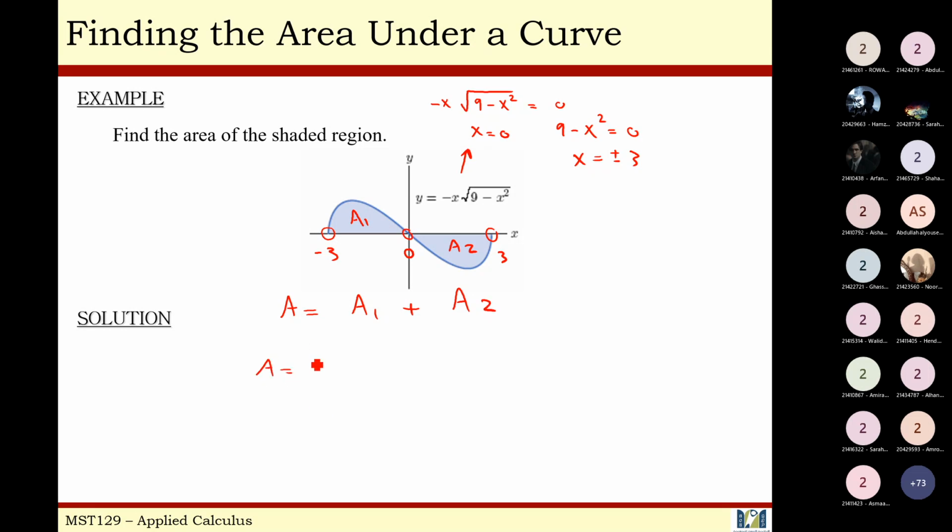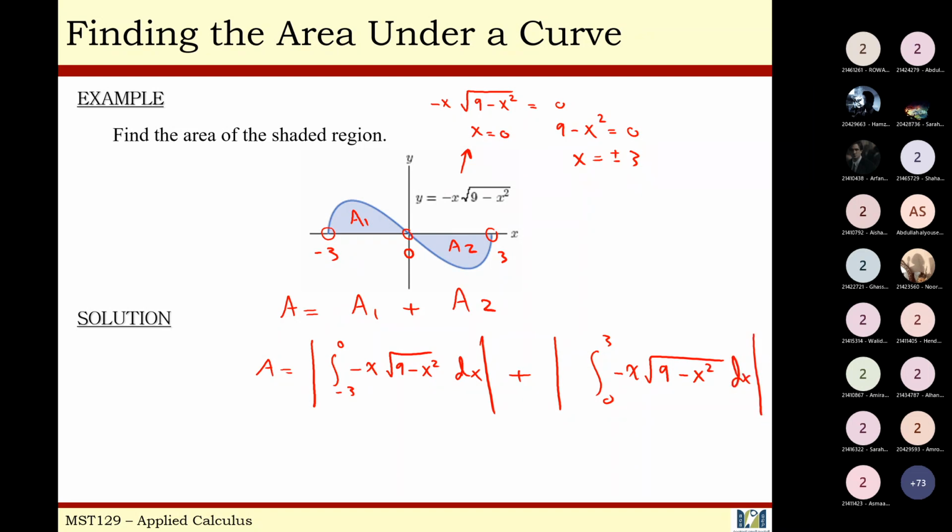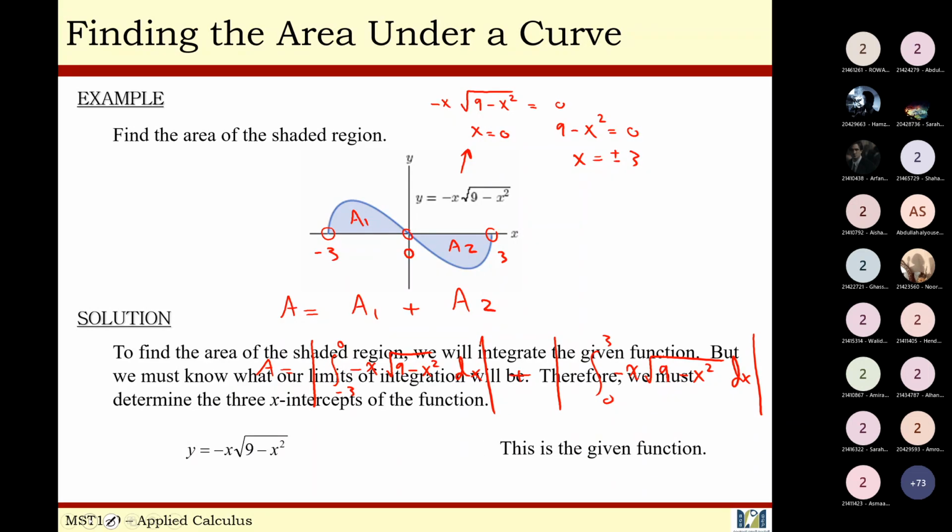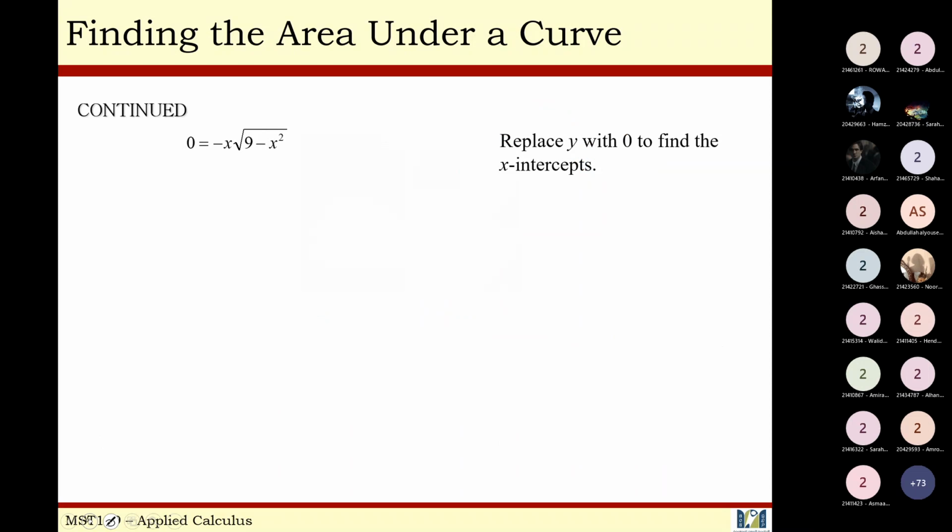Area 1 is the absolute value of the integration from minus 3 to 0 of minus x radical 9 minus x squared, that we can solve by substitution, plus area 2 from 0 to 3 of minus x radical 9 minus x squared, that we solve the same way by substitution. Okay. So this is the zeros. Okay, we find the zeros.